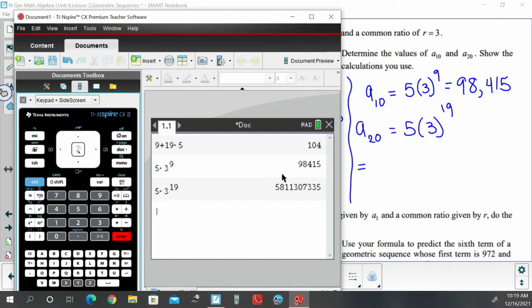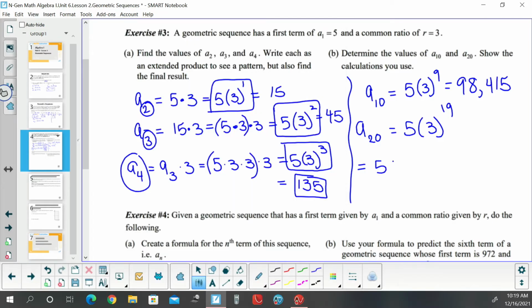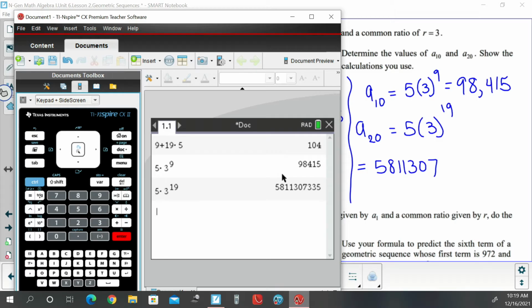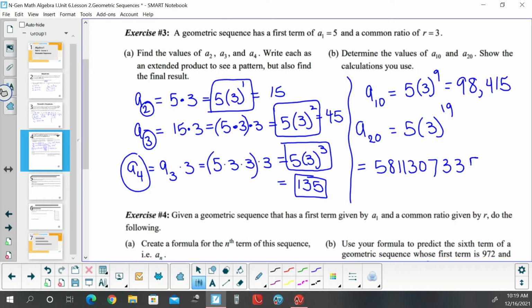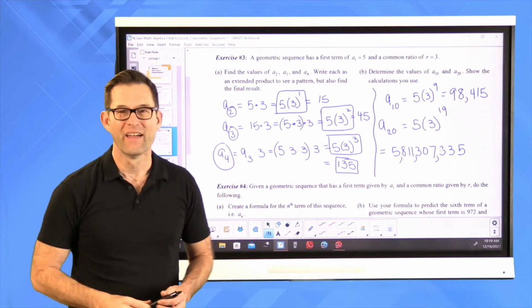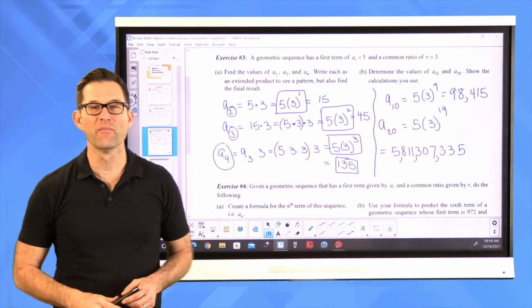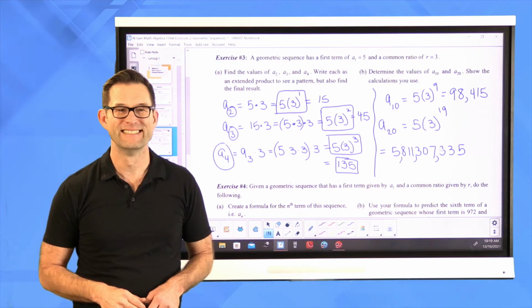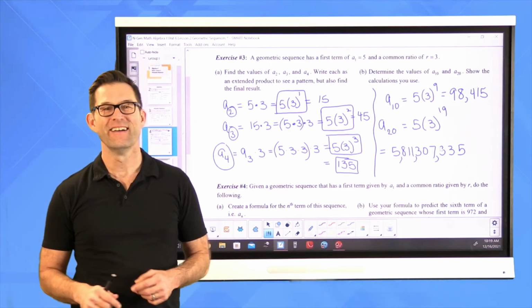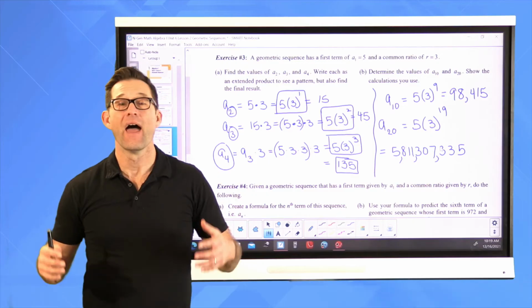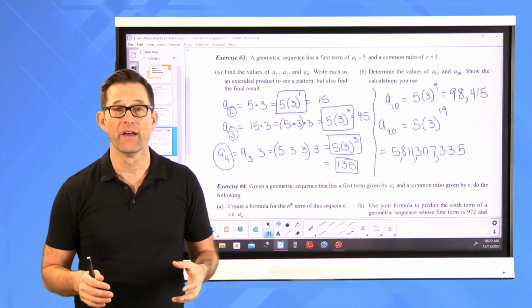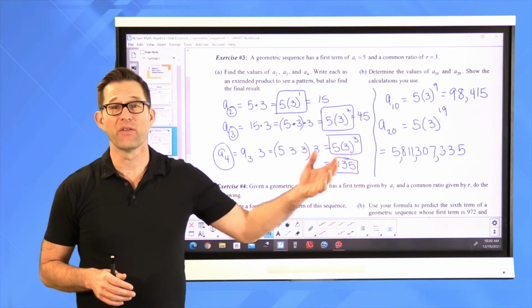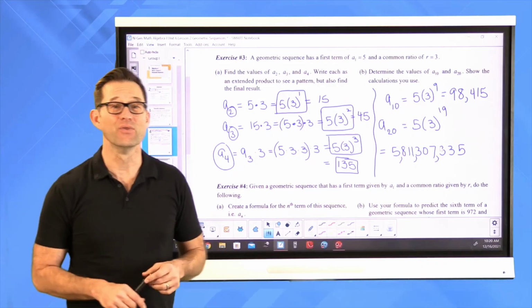Let's see, 5,811,307,335. That's awesome. And it also illustrates exponential growth, right? So in other words, by the 20th term, this beast is huge.